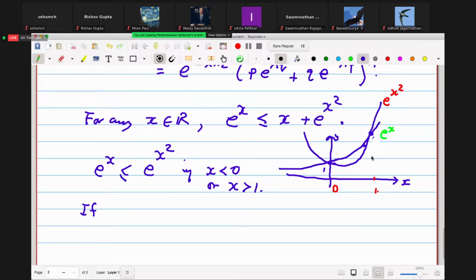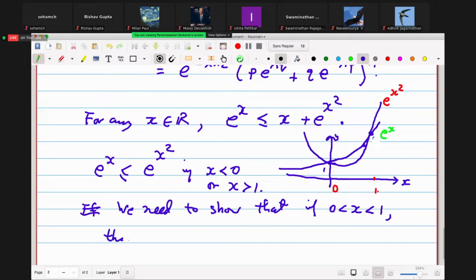So we need to show that if x is between 0 and 1, then x less than 1, then e power x is less than or equal to x plus e power x square.